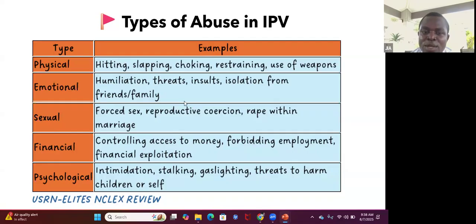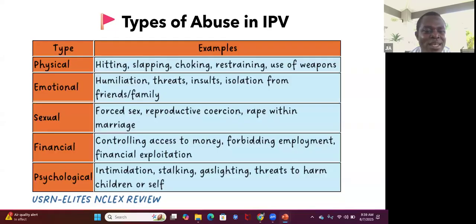When you have a partner who is isolating you from friends and family, that's also a type of intimate partner violence. Take note of these parts that we nurses sometimes do not pay attention to. That's where the exam normally will send you, so that you get yourself thinking, is this one too a form of abuse? You keep asking yourself questions, and your brain gradually gets tired as you sit before your test, and you know what that can bring.